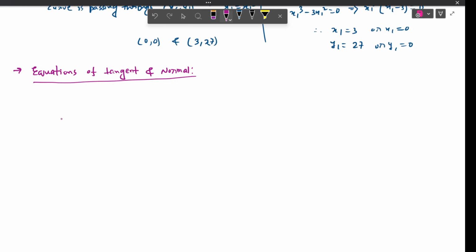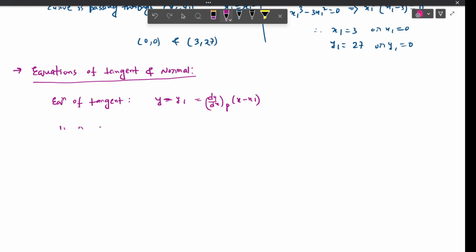The equation of tangent is y minus y1 equals m into x minus x1, where m is dy by dx at point P. This is the equation of tangent.